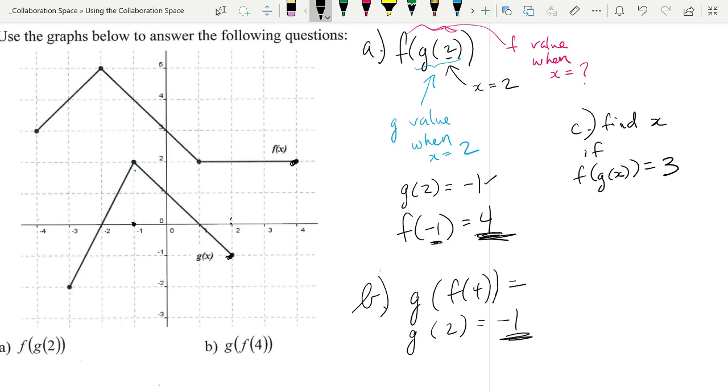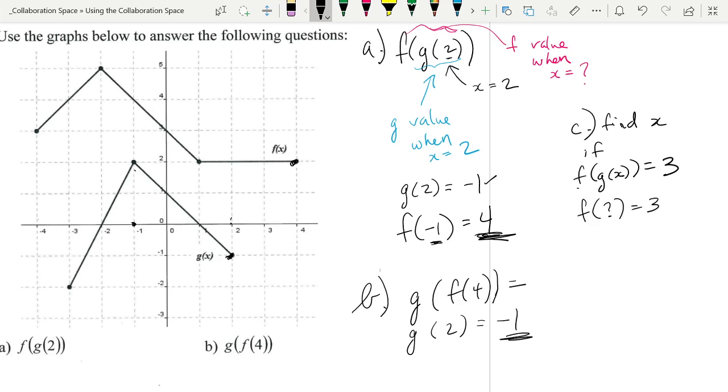Now remember, f of g of x, or f of anything, is the y value. So this is asking you, when the y value on the f function is 3, what is the number? I'm basically asking you, f of what makes 3?